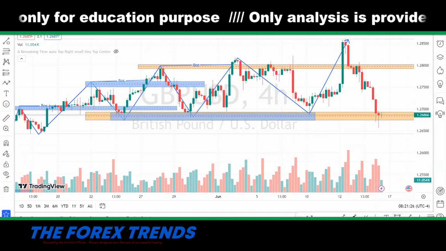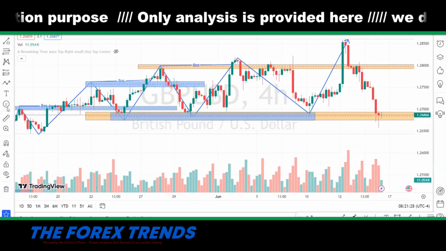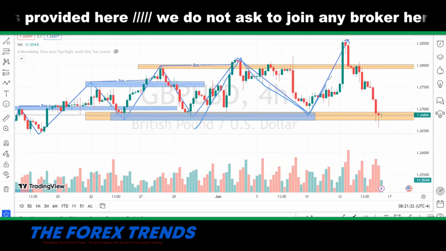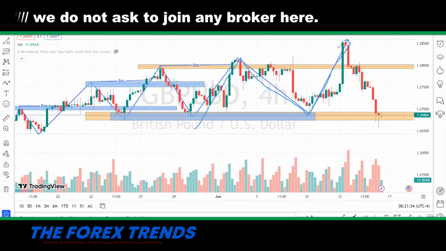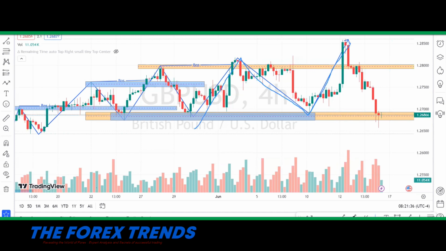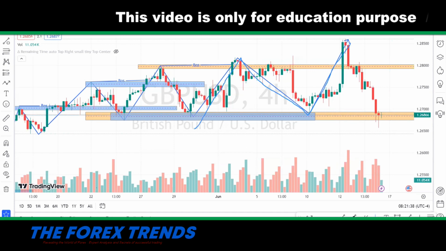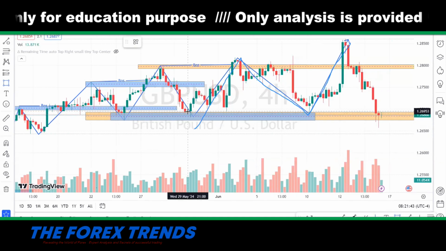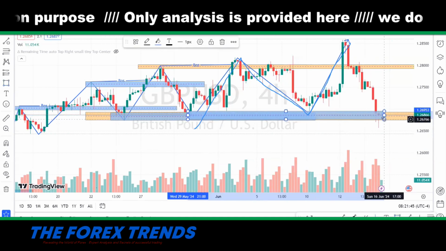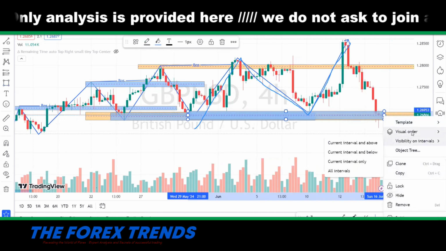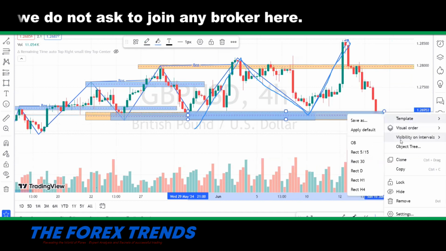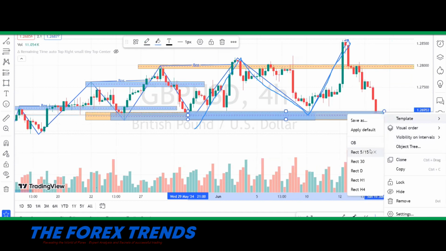And for the last impulse-correction-impulse movement, we have two points. The first point is this. Let me change the color.